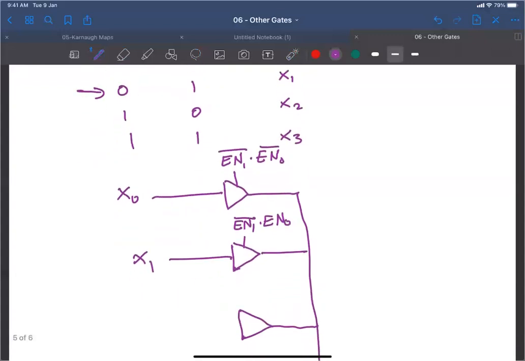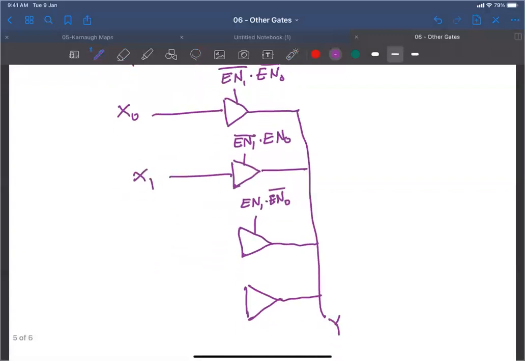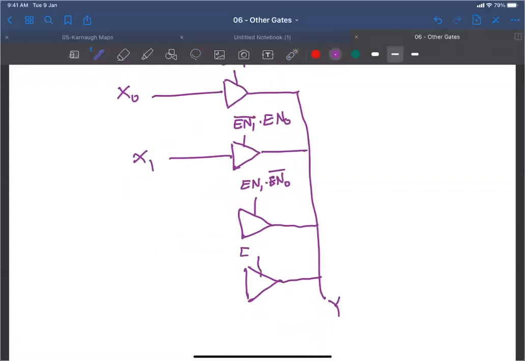So we are implying an AND gate here, but I'm not drawing it. And for this one, what is the function? EN1 ANDed with EN0 complement. And the final one? EN1, EN0. Do you get that now? X2, X3.